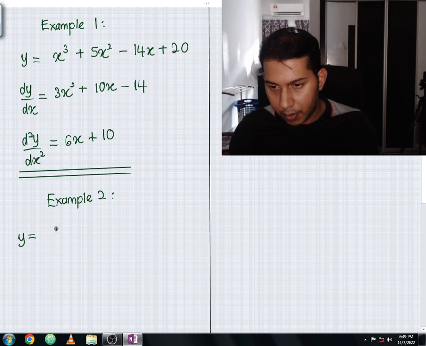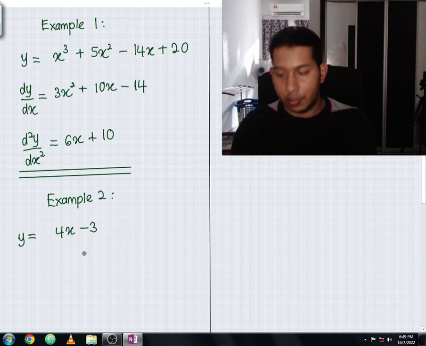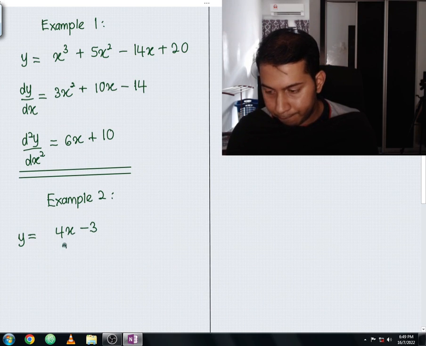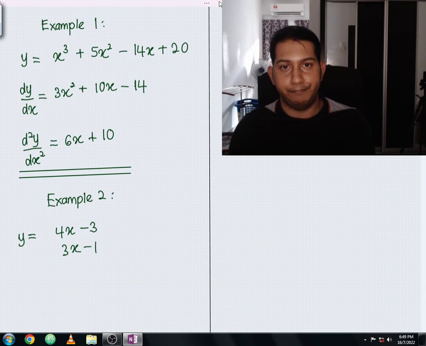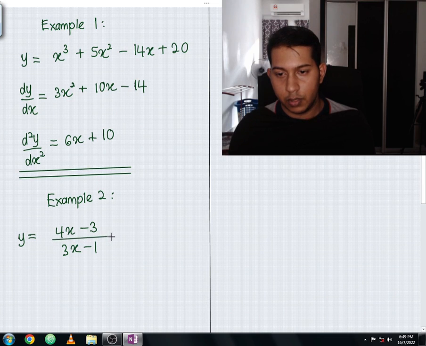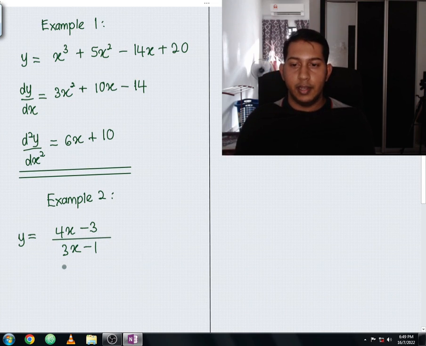So, (4x - 3) divided by (3x - 1). Let's say the question asks you to find the double derivative for this one. So how are we going to find it?